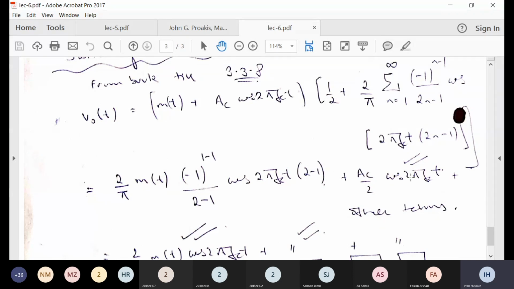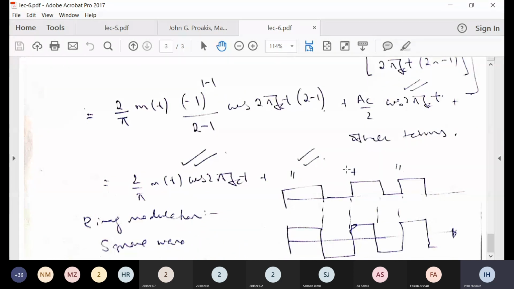Other terms you can very well see will all be at higher frequencies. Only this term with this will be at fc, or this term with this will be at fc. So if I pass it through a band pass filter tuned at fc, I will get only these two terms.